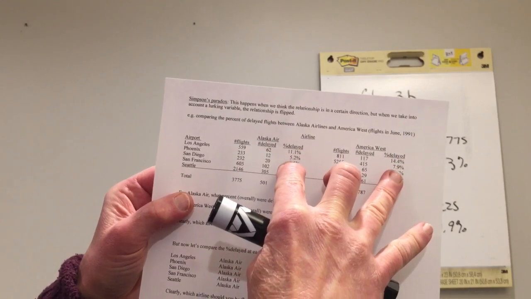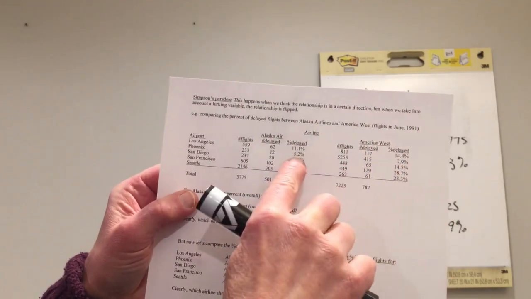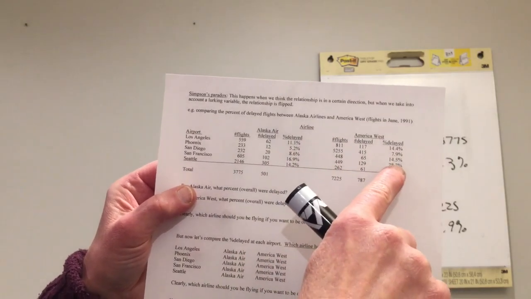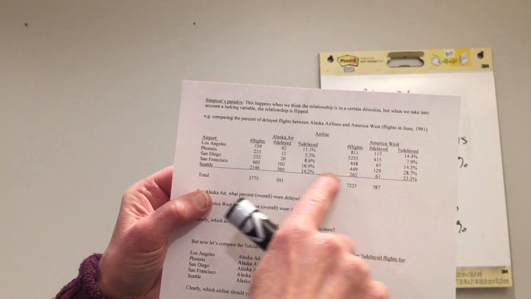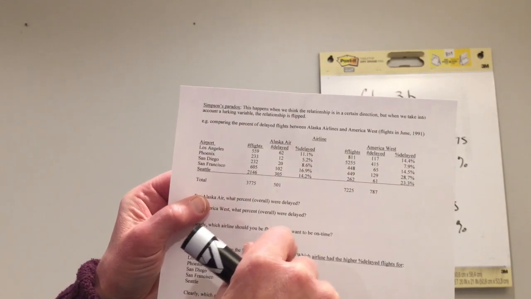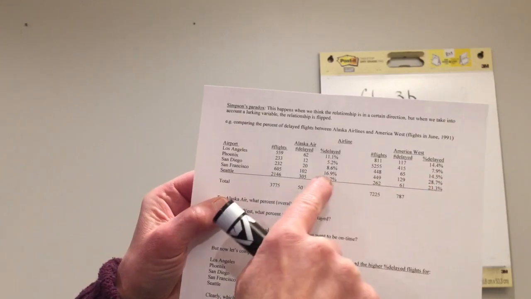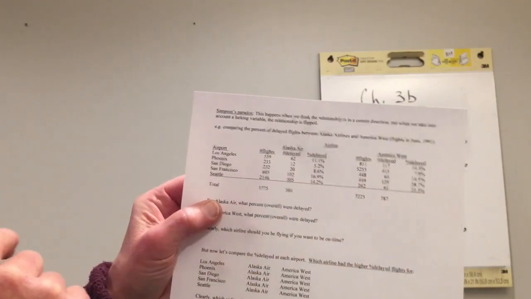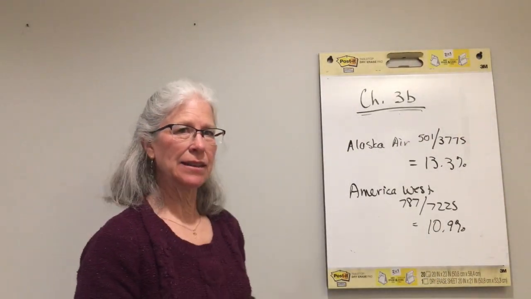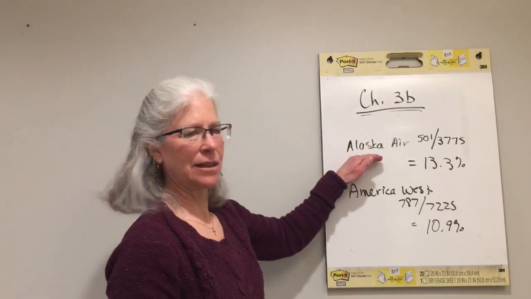And in Phoenix, 7.9% to 5.2%. Same thing in Seattle. America West, 14.5% were delayed versus 8.6% delayed for Alaska Air. Same thing for San Diego and San Francisco. In fact, if you look at each city individually, in every case Alaska Air did better.